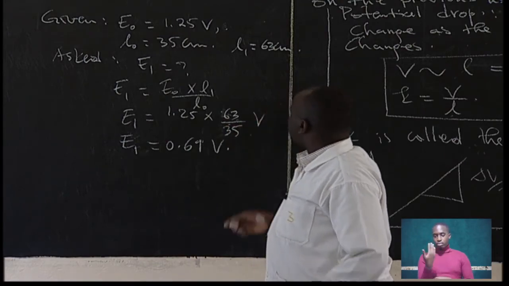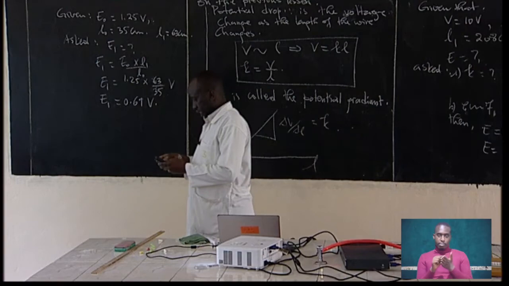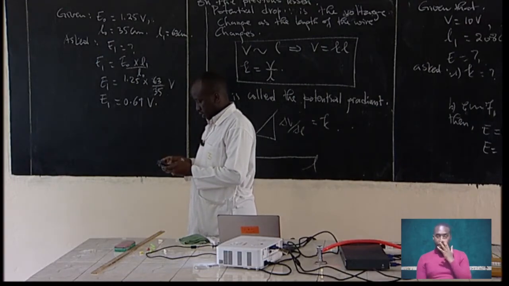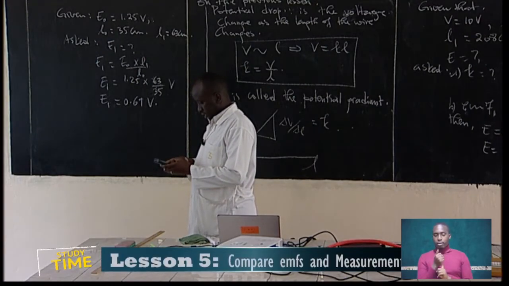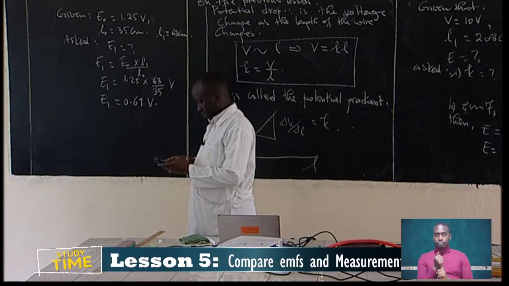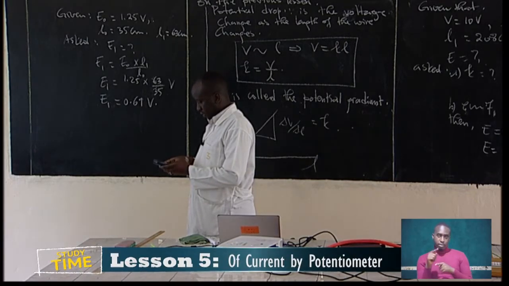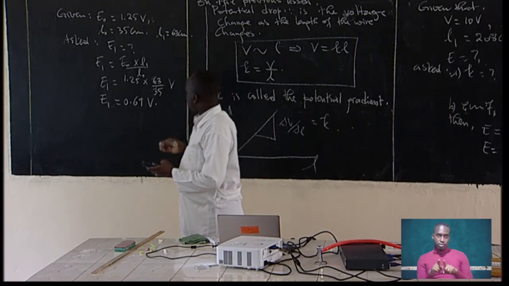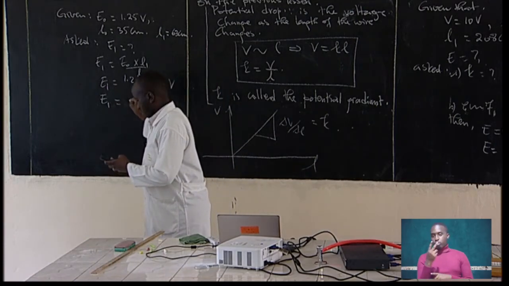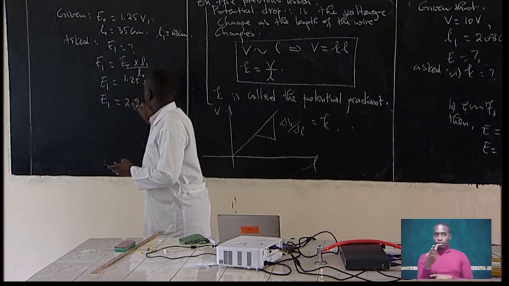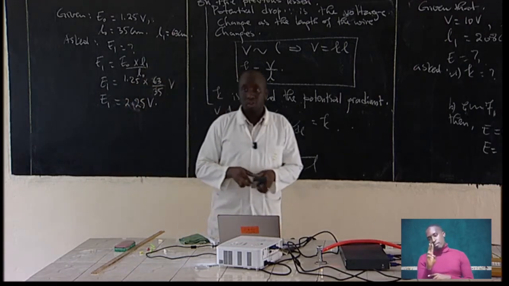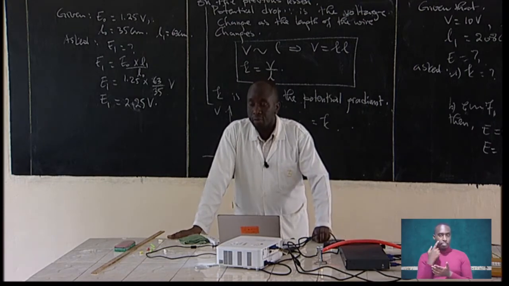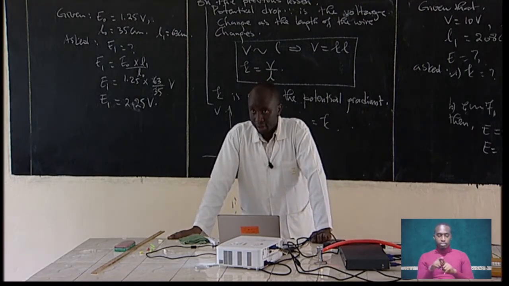And then when we calculate that, 63 over 35 equals 1.8 volts. So I hope that you have determined the same answers as what we are determining there, right?